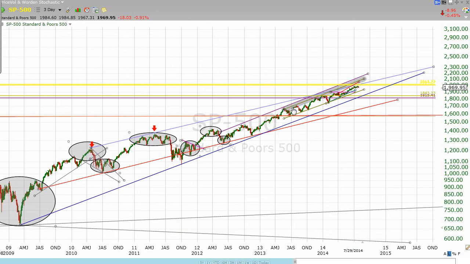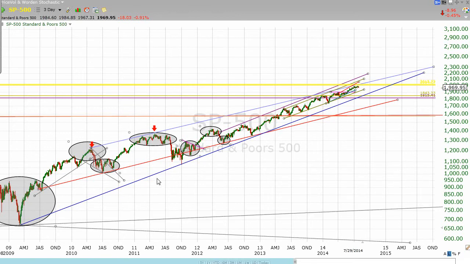A little volatility in 2013. So far, 2014, look at that, compared to what was going on back here for about 3.5 years. Look at that. How strange that is.